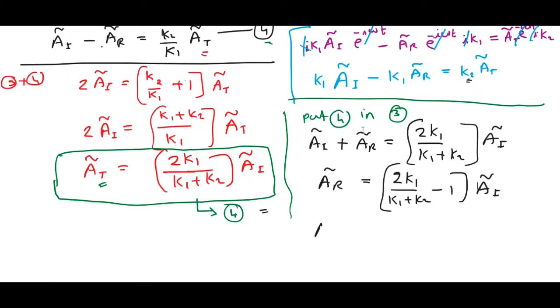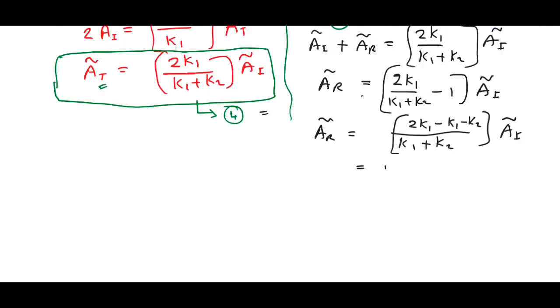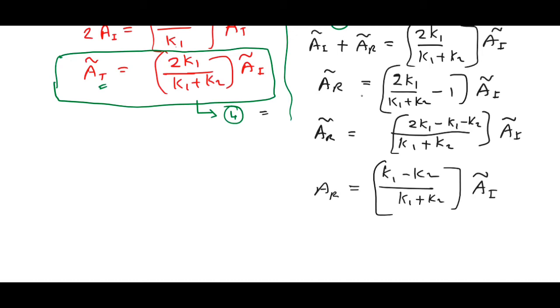A_R is equal to, taking K1 plus K2 as denominator, (2K1 minus K1 minus K2) by (K1 plus K2) into A_I, which is (K1 minus K2) by (K1 plus K2) into A_I. This is the reflected amplitude A_R. We obtained two results, A_R and A_T.